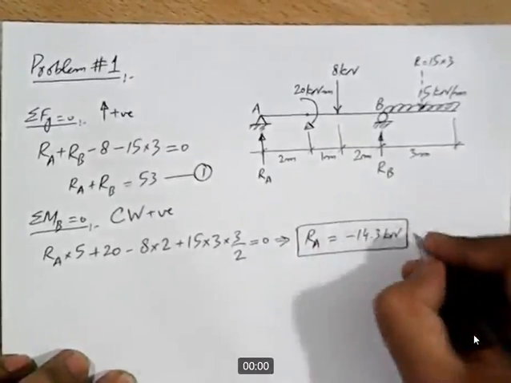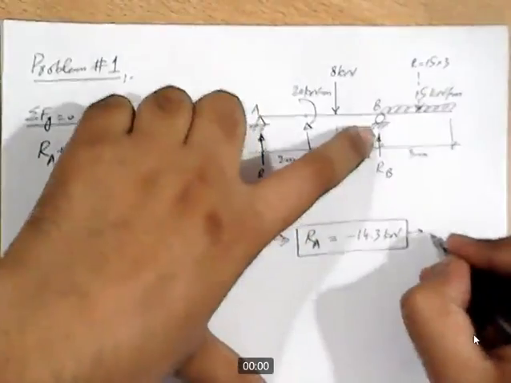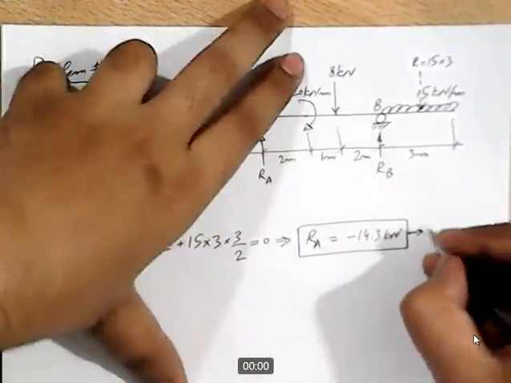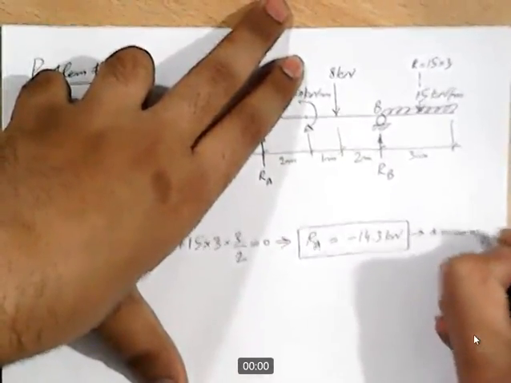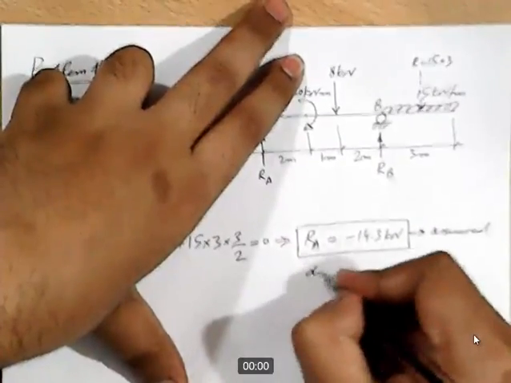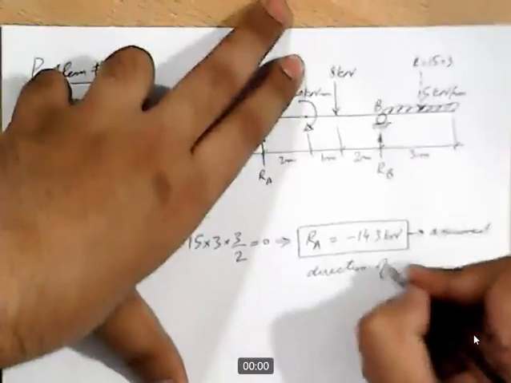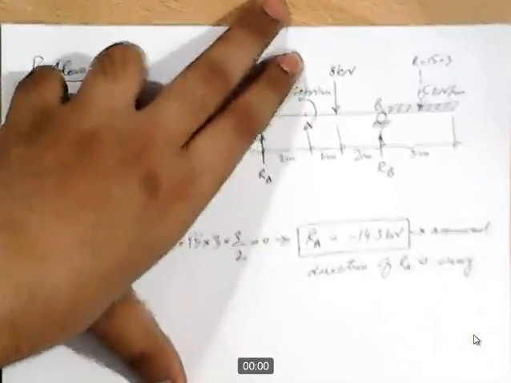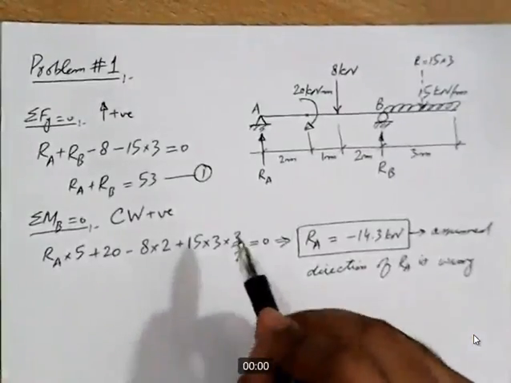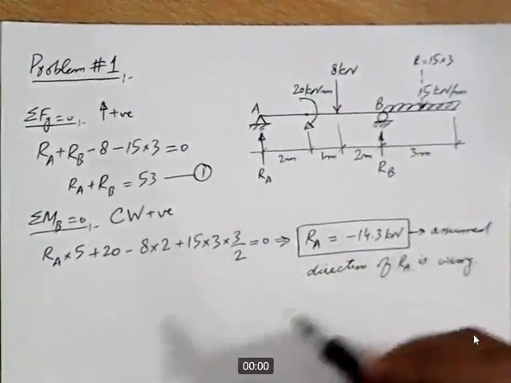So we can say that the assumed direction of RA is wrong. So it means in reality RA is acting in downward direction. So when we make further calculations, we will incorporate that.